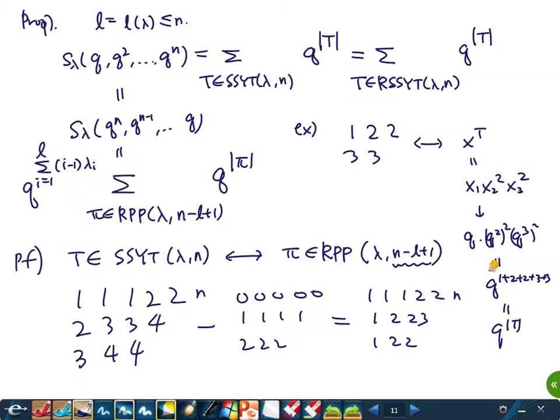For reverse, okay, I'm not sure if I can fix this right away, but let's try. For reverse plane partition, this is okay because the largest element will always be in the first row. Reverse semi-standard Young tableau, lambda n, q to the size.